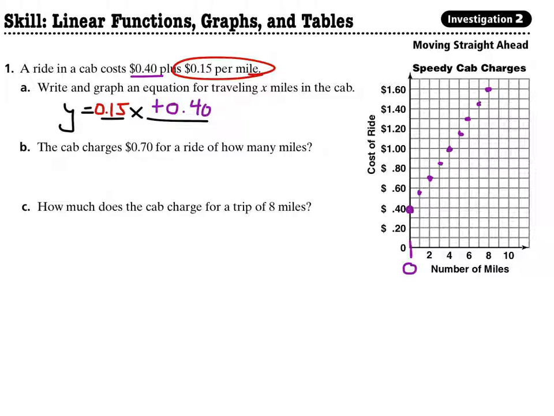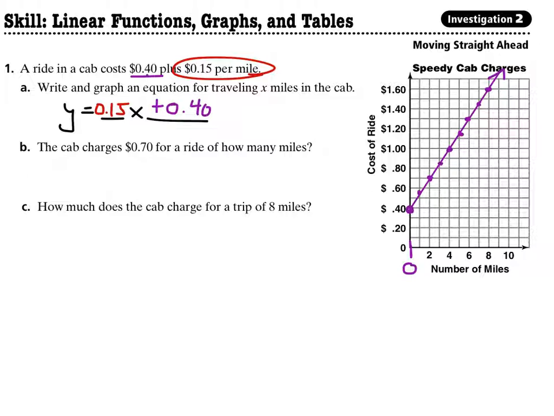That's all I can fit on this. Now this is a straight line, which is nice, and we get to connect the points because we assume that you could have half a mile and also half a dollar. So I am going to connect the points, which then gives us a line.